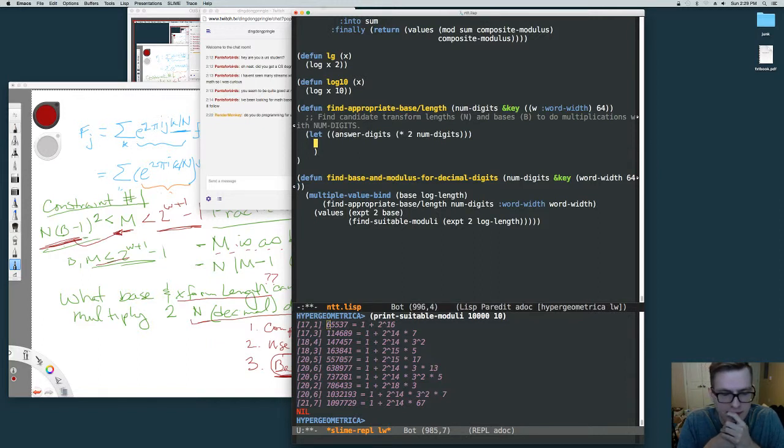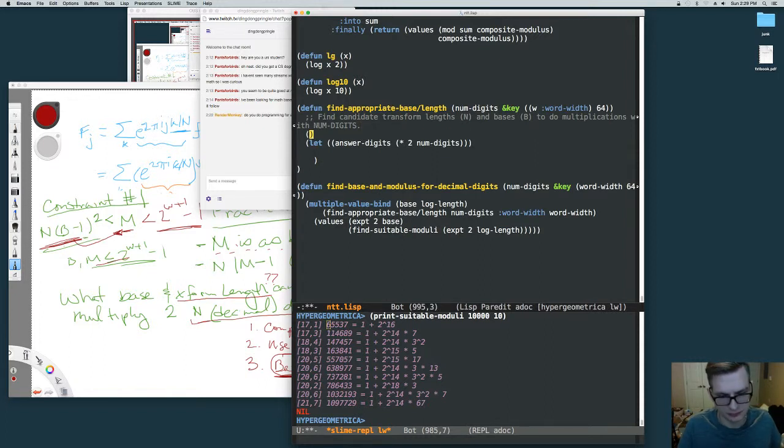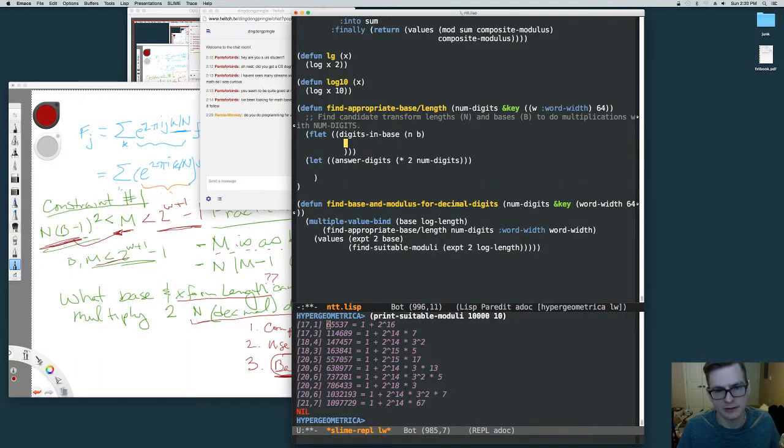If we have that many digits, then we want to know how many digits that would be in base B. So let's define a function, digits in base B, which tells us how many base B digits it has.